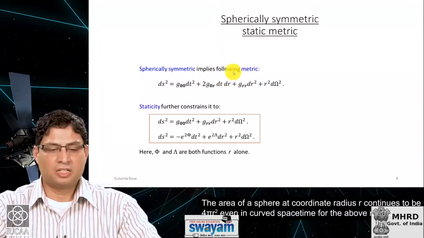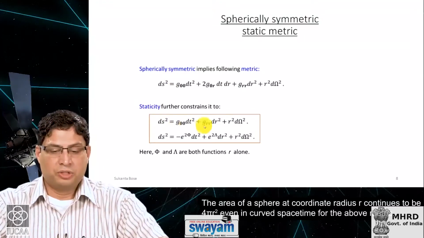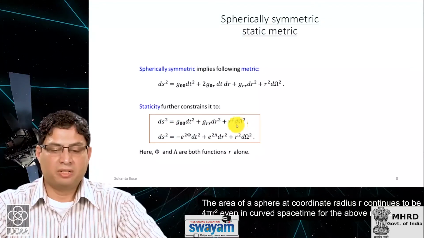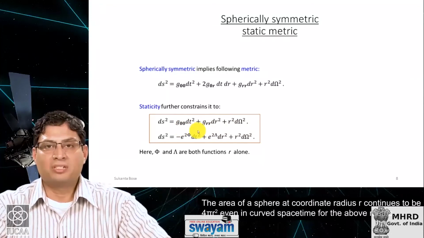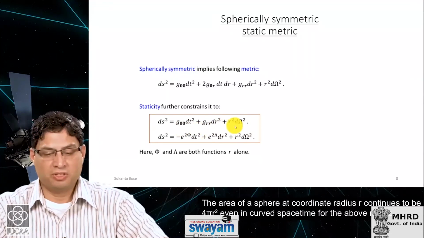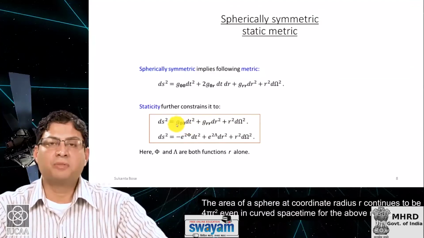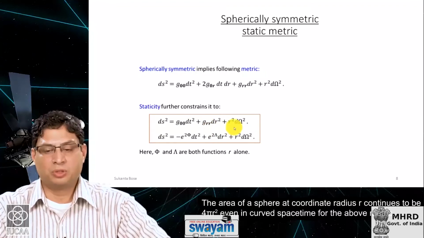So under spherical symmetry and staticity, this is the most general form of your metric, albeit in a coordinate system that is nicely adapted to spherical symmetry. So you have a tt component of the metric, radial component of the metric, and then the 2-sphere.